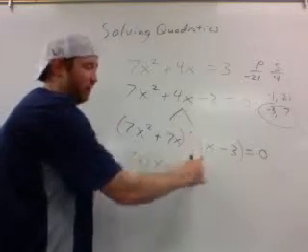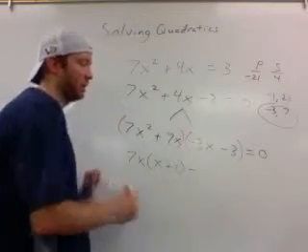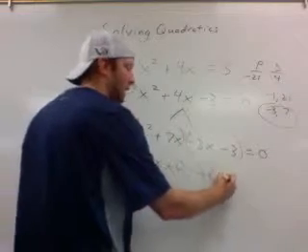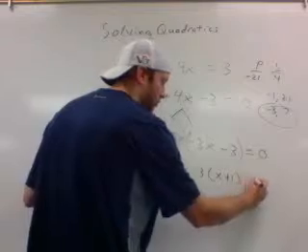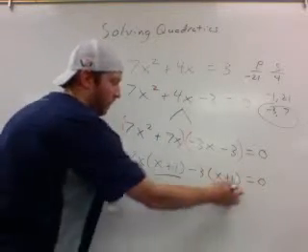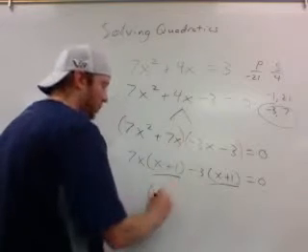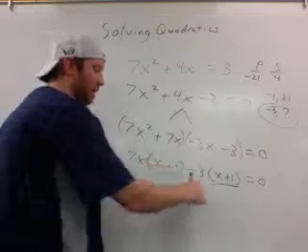First term's negative, so I'm going to pull out a negative, and 3 goes into both negative 3x and negative 3. Negative 3x divided by negative 3 is x. Negative 3 divided by negative 3 is 1. There we go. Remember, got to be the same. We did a good job. So one factor is x plus 1. The other factor is 7x minus 3.